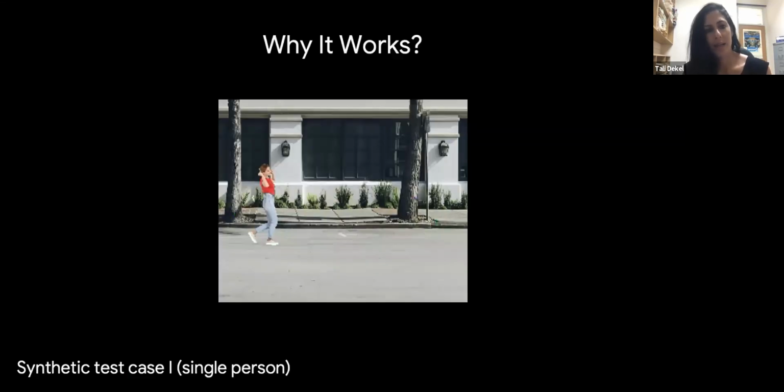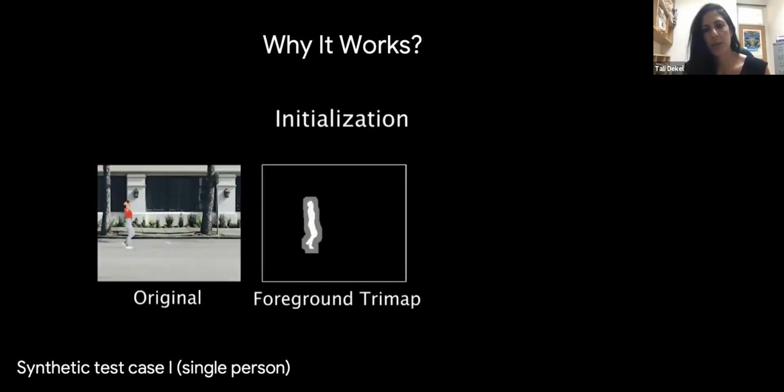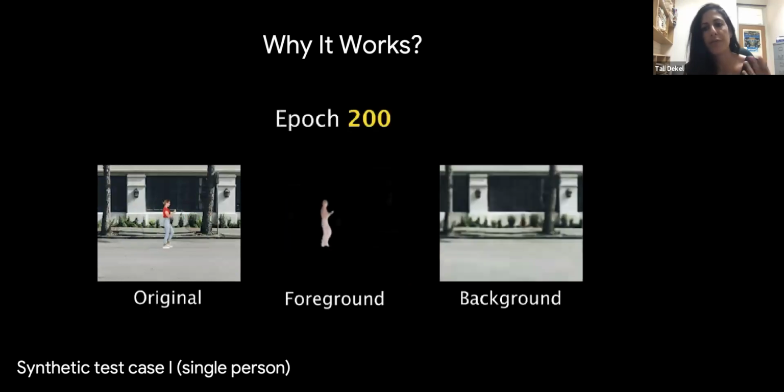And in the next few minutes, I'm going to try to give you some intuition about why it works through several toy examples. So here we have just a person walking over a static background. And as I mentioned, we initialize the network using this rough foreground mask. And starting from this initialization for the alpha mat, the network is trained over many epochs to refine these results.